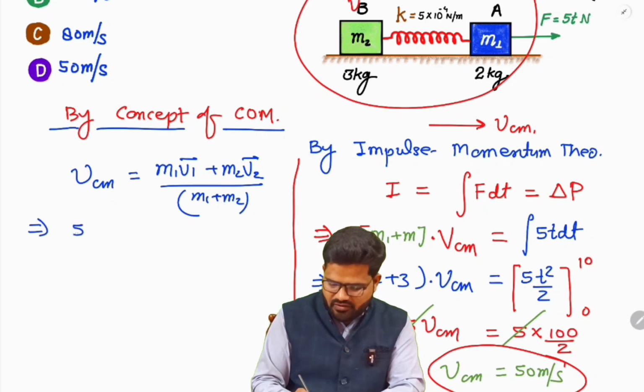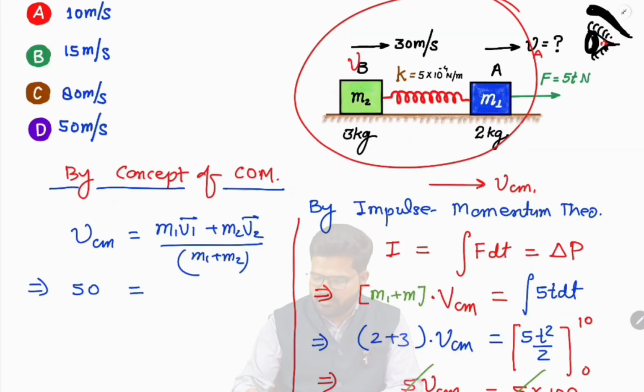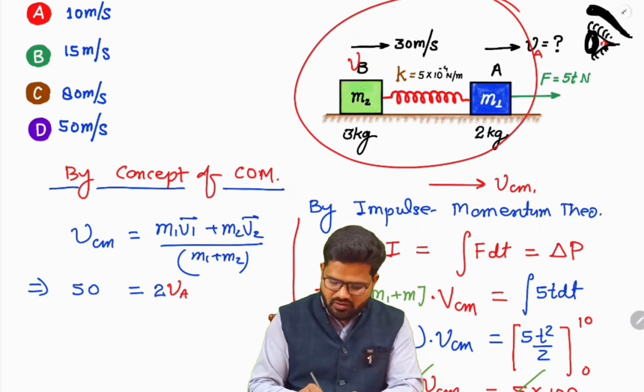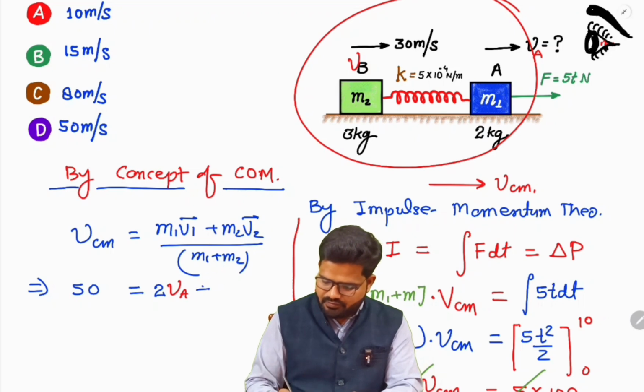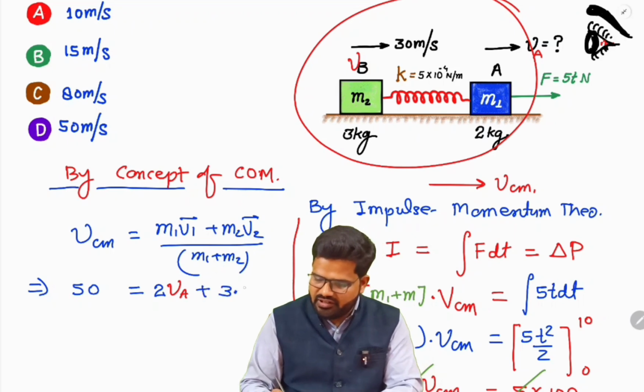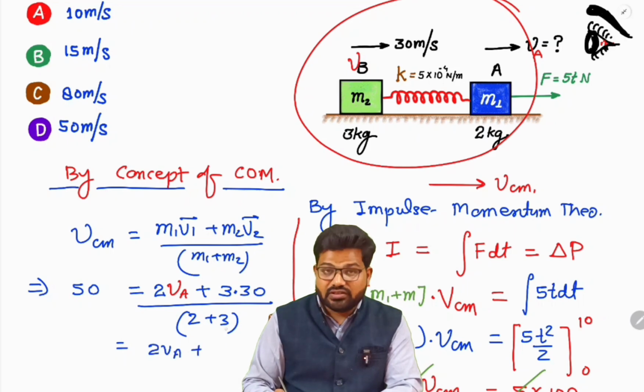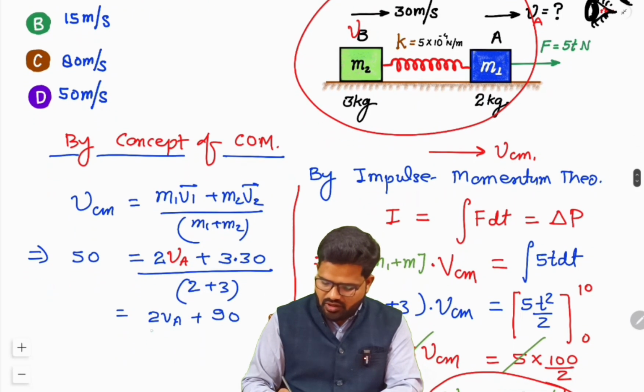You can place here 50 equals, suppose the first block m1 has the mass 2 kg, and the velocity is unknown, suppose vA, plus m2, that is 3 kg, having the velocity 30 meter per second, over the total mass 2 plus 3. You will get 2 times vA plus 90 upon 5.